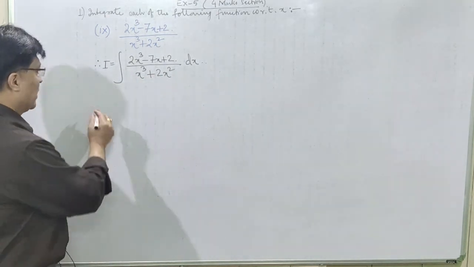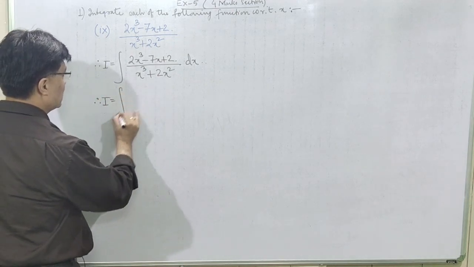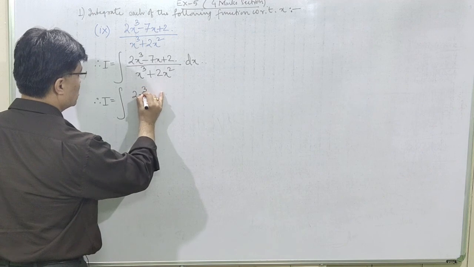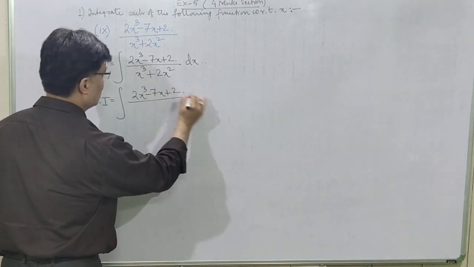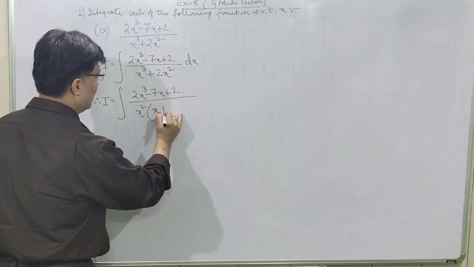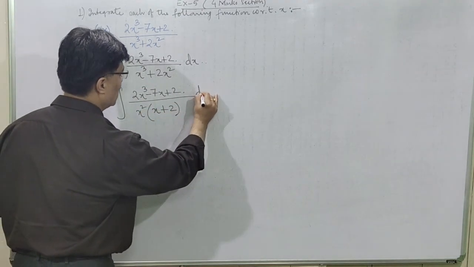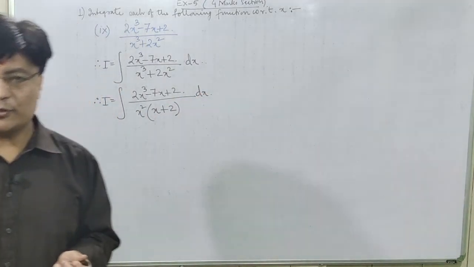It is x square. So therefore I is equal to integration of 2x cubed minus 7x plus 2 divided by, what is common out here? x square. Now within bracket we have x plus 2. Then you should write dx. So I think you have understood it.